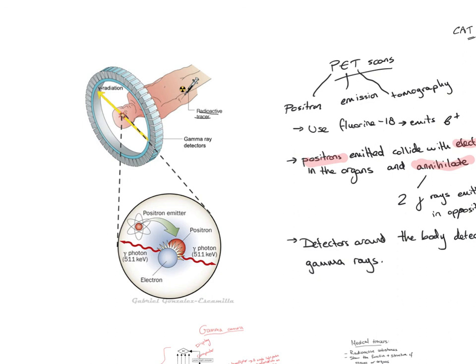PET scans are also expensive, meaning that not a lot of hospitals can have one because they need a mini particle accelerator nearby, and many doctors can't use them for their patients because they have to outweigh the benefits of the PET scan against the actual cost, the convenience, and the time needed for the PET scan to take place.